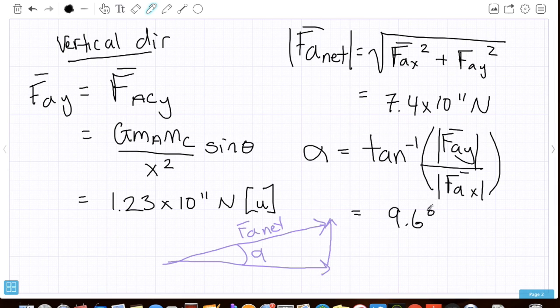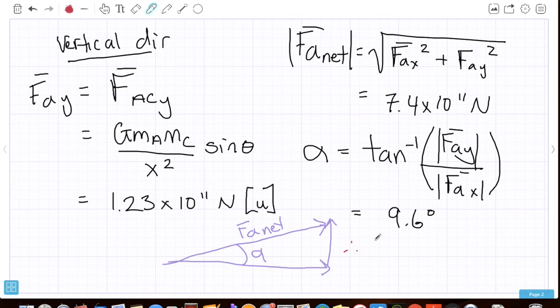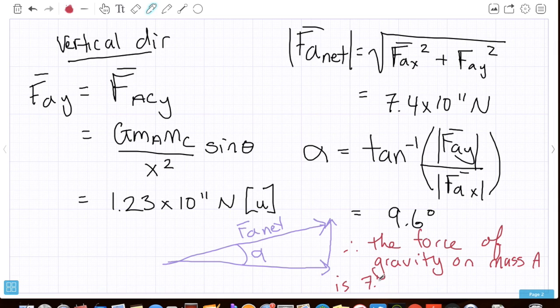So it is a small angle because this is smaller than this side here. So our overall statement, therefore, the force of gravity on mass A is 7.4 times 10 to the 11 newtons forward, 9.6 degrees up.